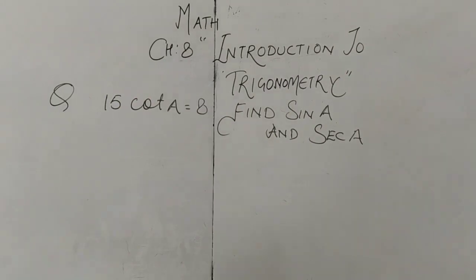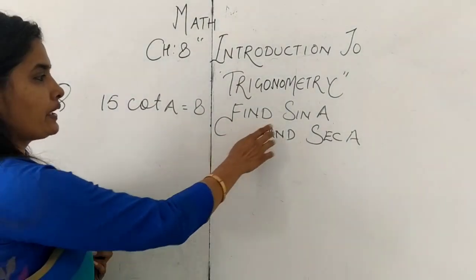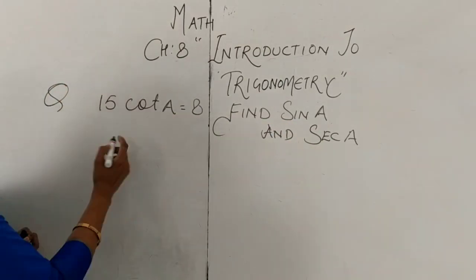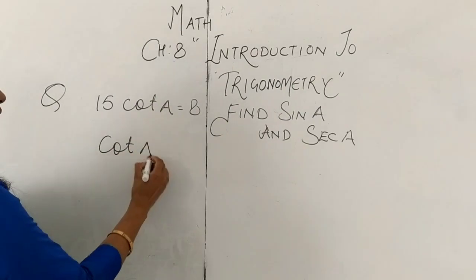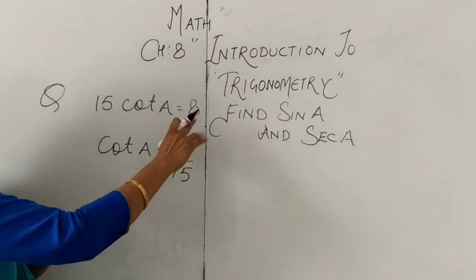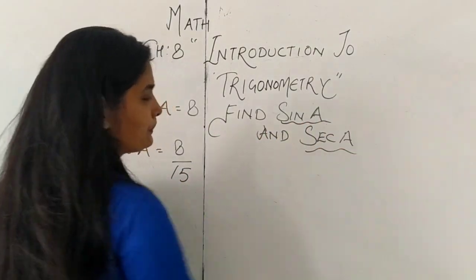Okay, suppose I take one example: 15 cot A equal to 8, then we have to find sin A and sec A. Fine. 15 cot A equal to 8 means you can write cot A equal to 8 upon 15. You can shift 15 downside, and we have to find the value of sin A and sec A. Clear?